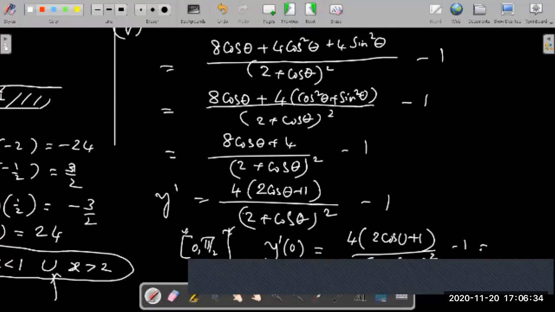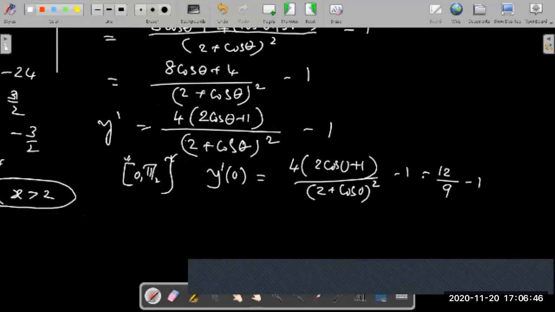Cos 0 equals 1. So 2 plus 1 is 3. 3 fours are 12, divided by 3 square equal to 9, minus 1. So 12 by 9 is definitely greater than 1 anyway. So 4 by 3 minus 1, which is 1 by 3, which is positive. So it is positive at the lower limit.